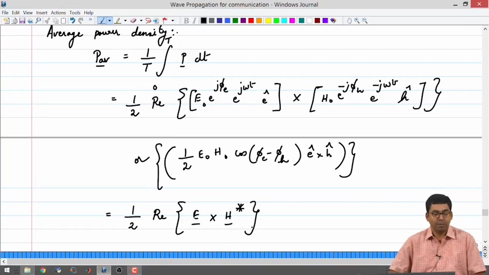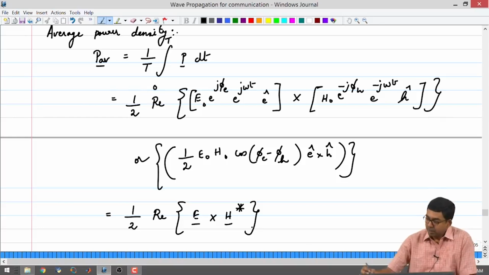To account for that phase difference, the way to calculate power is to take E cross h complement. Many of you may remember in low frequency circuits, you would have had V i complement in AC circuit power calculation. You would have had half V i complement to be the average power in AC circuits. This is exactly a similar case, where to account for the phase difference between E and h, you have to take the complement of h.